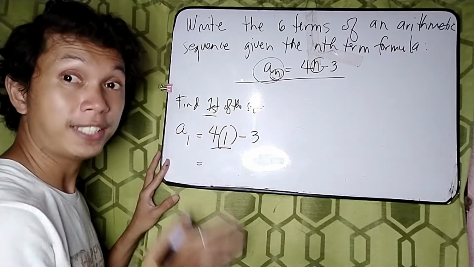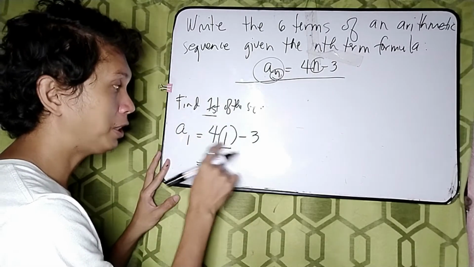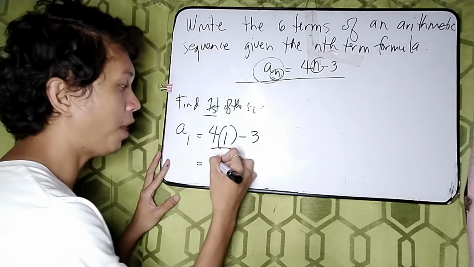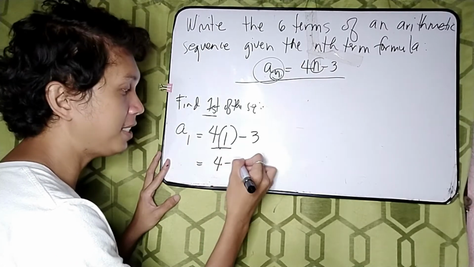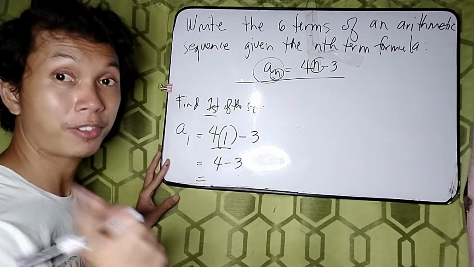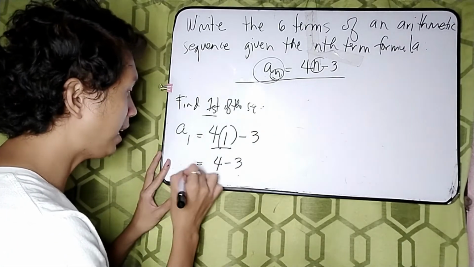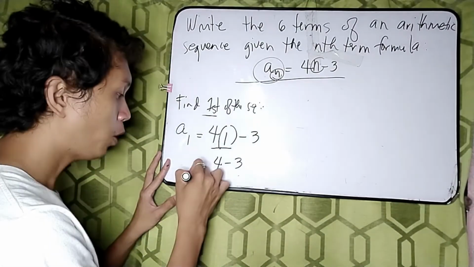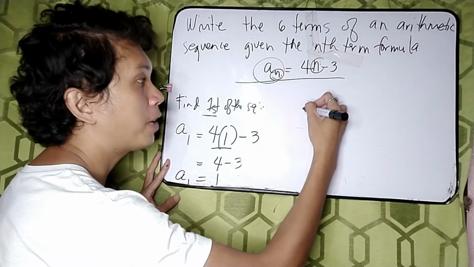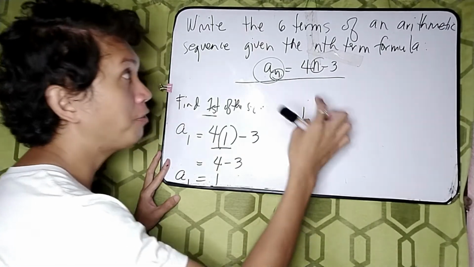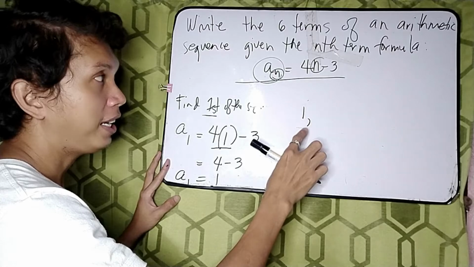So what comes first is multiplication, so we multiply this first. 4 times 1 is 4, minus 3, and 4 minus 3 is 1, meaning our a sub 1 is 1. So the first term of this nth term formula is 1.